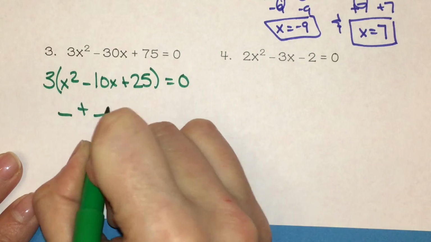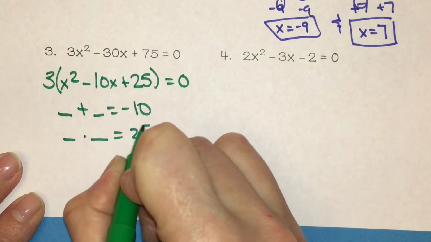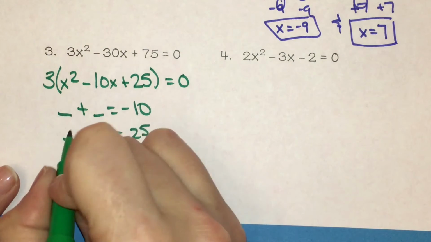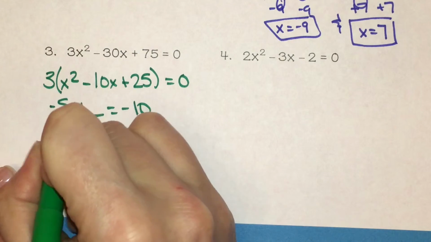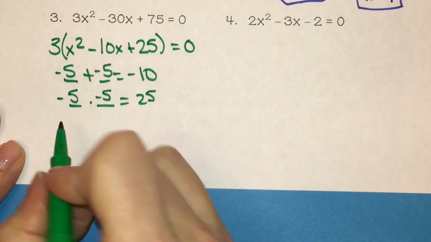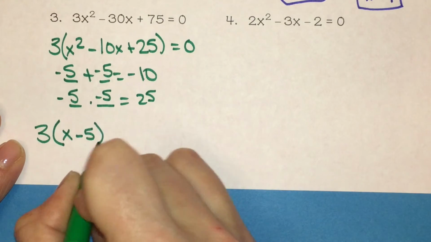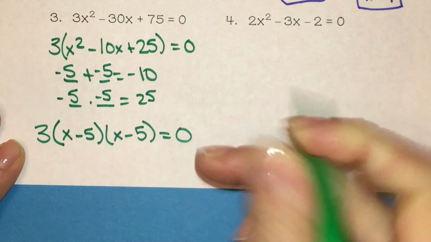Figure out what I add together to equal negative 10 and multiply together to equal 25. In this case, we have 5 and 5, and they're both negative. Negative 5 times negative 5, and negative 5 plus negative 5 works. So I have 3 outside times x minus 5 times x minus 5, equal to 0.